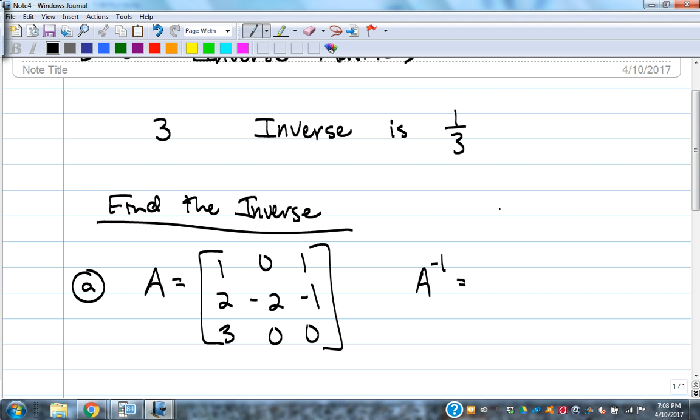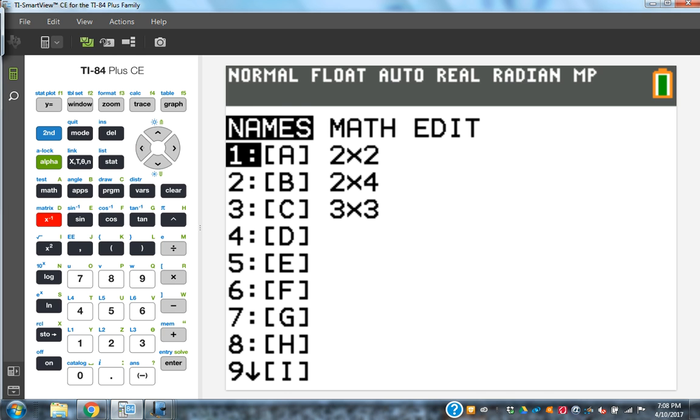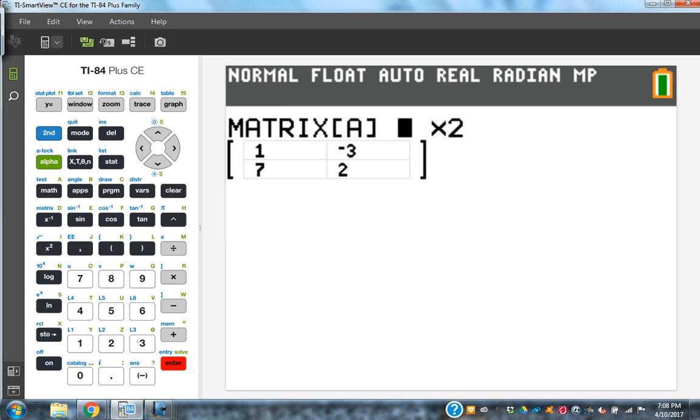So all we have to do here to get the inverse of a matrix is type that matrix into our calculator first, the original matrix. So second matrix, I'm going to use matrix A. I'm going to convert it to a 3 by 3.